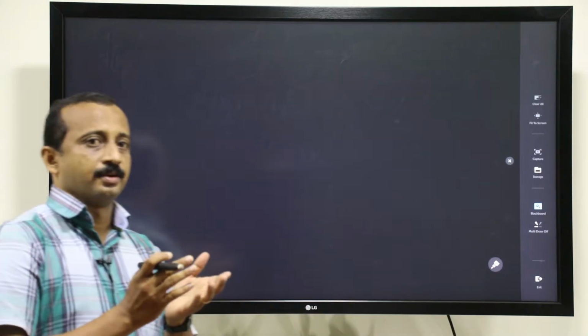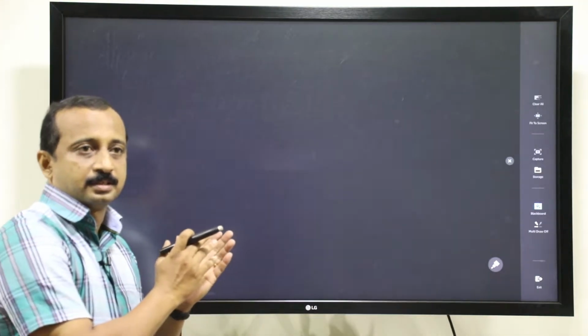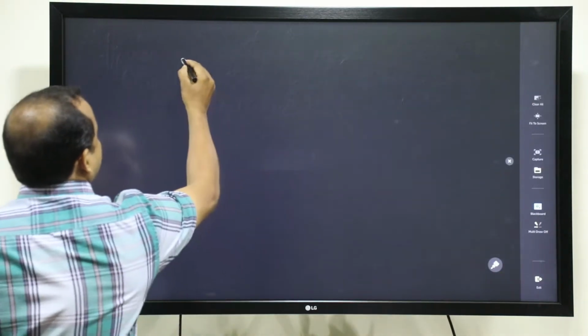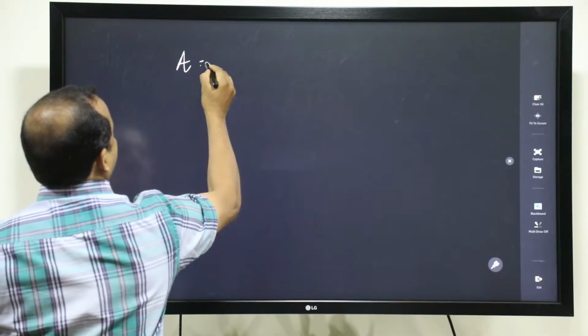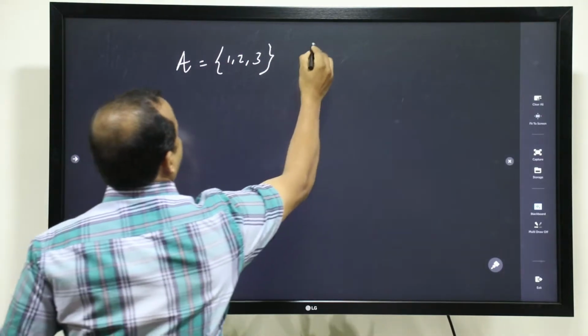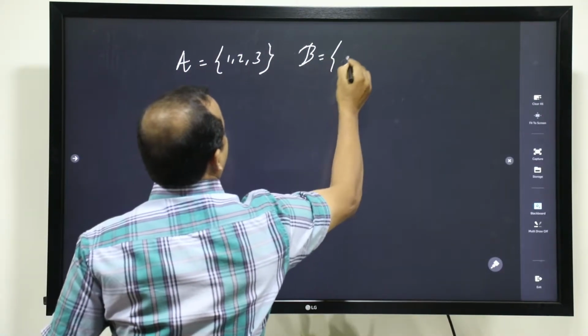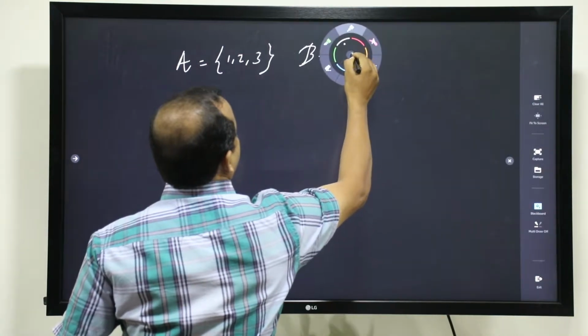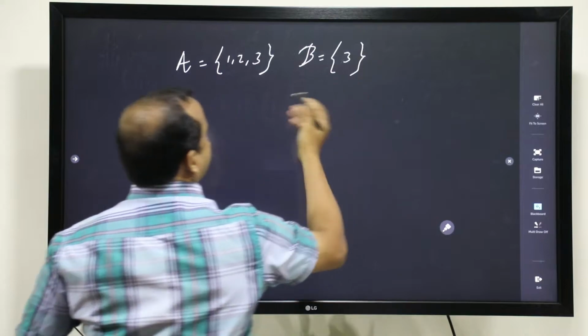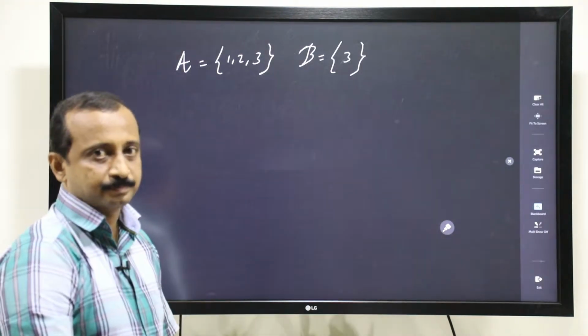Using sets, here we form the Cartesian product. What is a Cartesian product? Suppose you take A is equal to the set {1, 2} and B is equal to {3}, two finite sets.